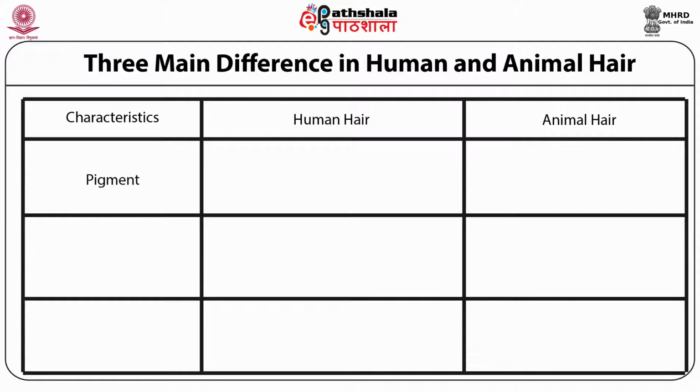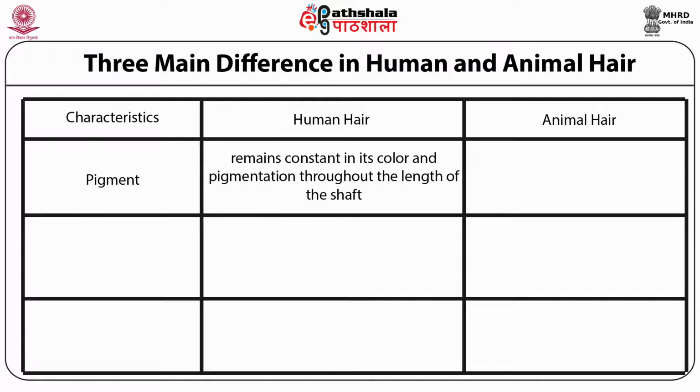The pigments in human hairs remain constant in color, and pigmentation may be present throughout the length of the shaft, whereas in animal hair the pigmentation shows rapid and radical color changes, which is also referred to as banding.